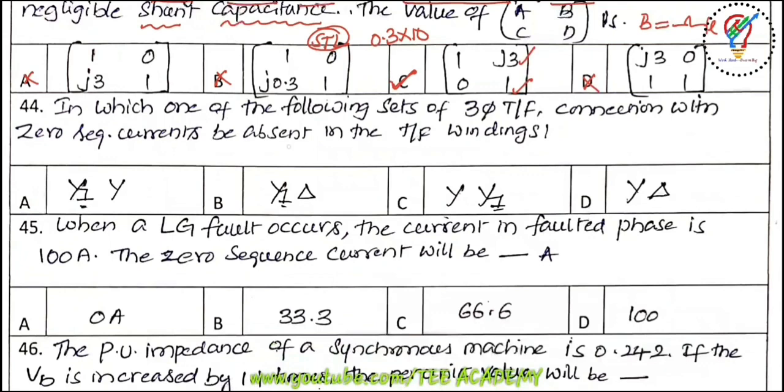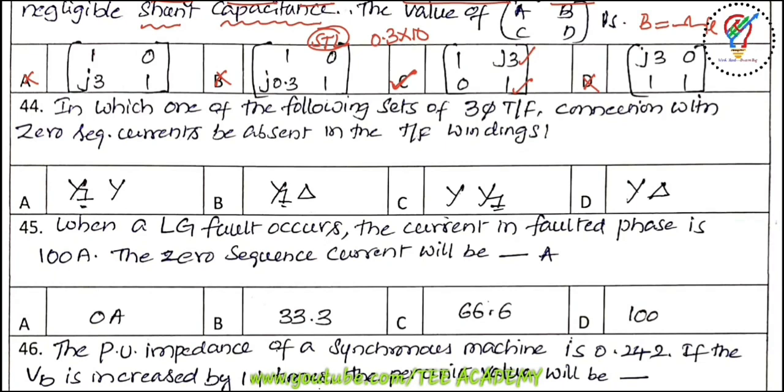Next one, which of the following sets of three-phase transformer connections will have the zero sequence currents absent in the transformer windings? Okay, so in order for the zero sequence currents to flow, there should be a grounding. Okay, so grounding is possible only in case of star connection. Okay, special case delta with tertiary winding.